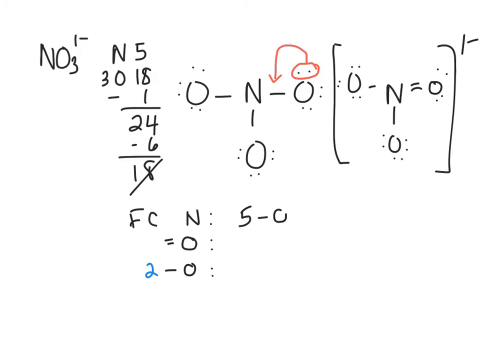It has no lone pairs, and it made 4 bonds, so it is +1. Double bonded oxygen, so 6 valence electrons, and if we look at the double bonded one, it's got 4 electrons in lone pairs, and it made 2 bonds. So that number is 0.